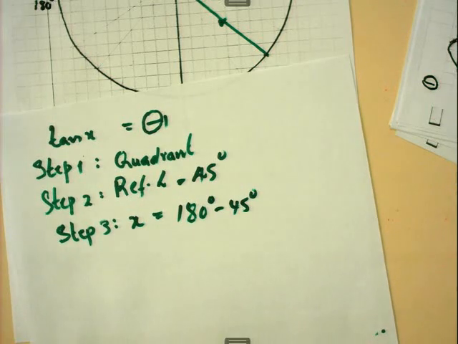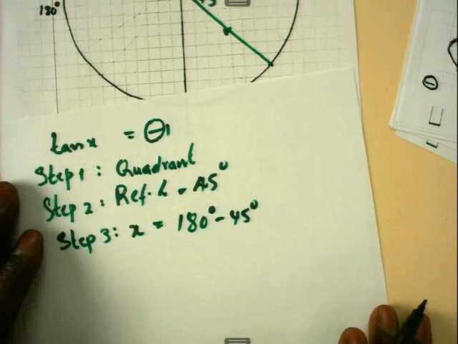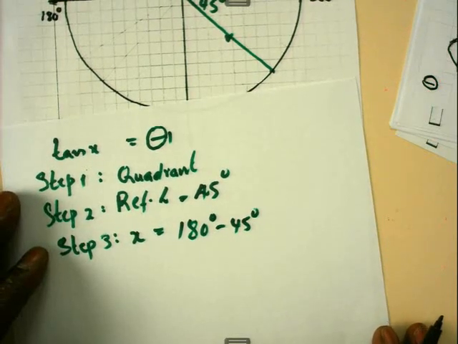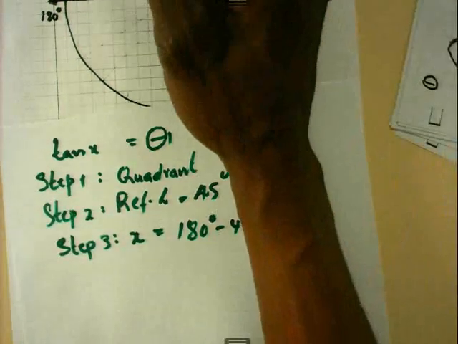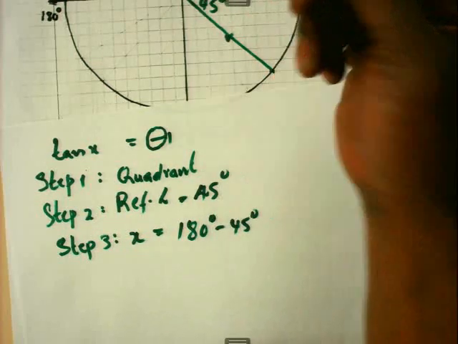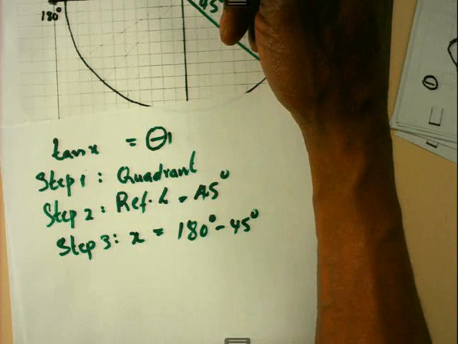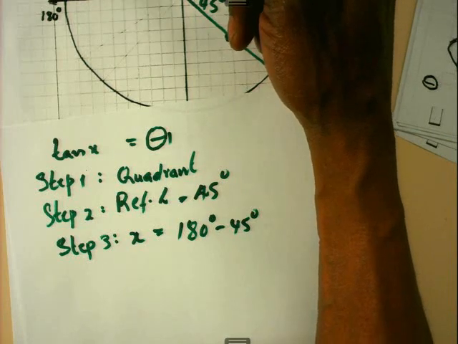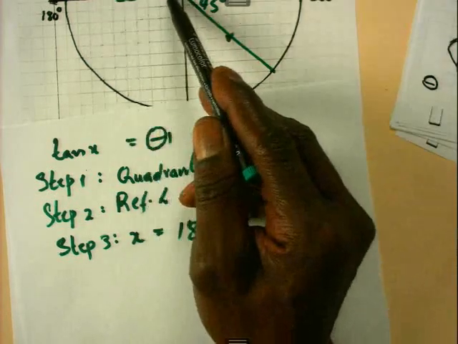Now, we've got to stop and talk about something which is very interesting when we are dealing with tan. You see, tan is the ratio of the opposite side over the adjacent side.